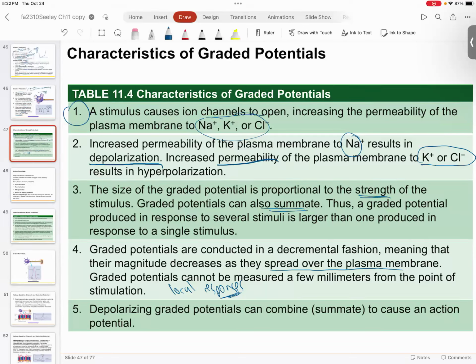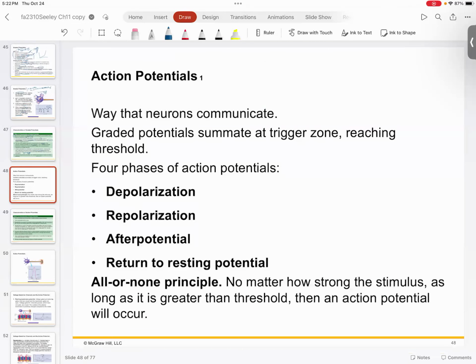So you're not using graded potentials, for instance, for your brain to communicate a contraction signal to your hamstrings, right? The idea of summation is an important one, right? Because your depolarizing potentials can also summate across the way.